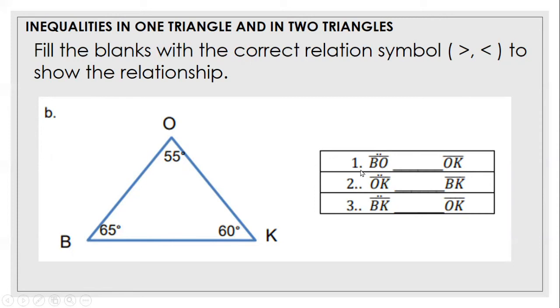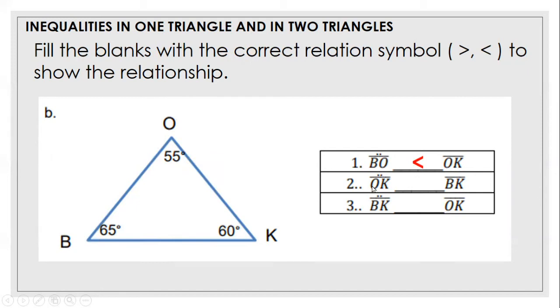So, number 1, segment BO is blank than OK. The opposite angle of BO is 60 and the opposite angle of OK is 65. So, 60 is less than 65. Therefore, BO is less than OK.